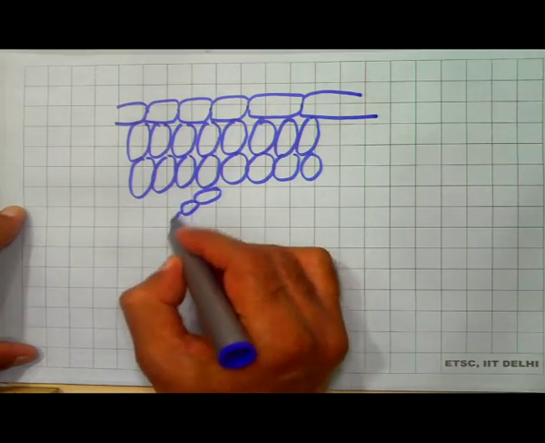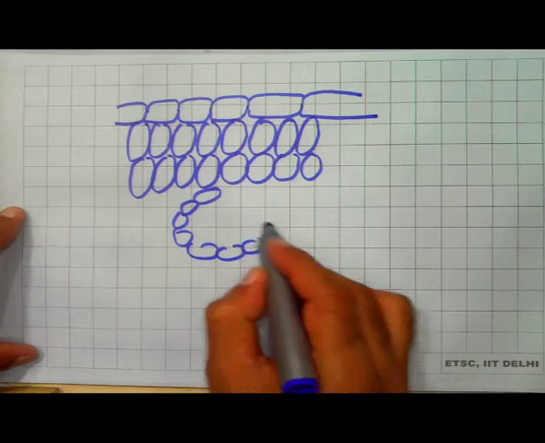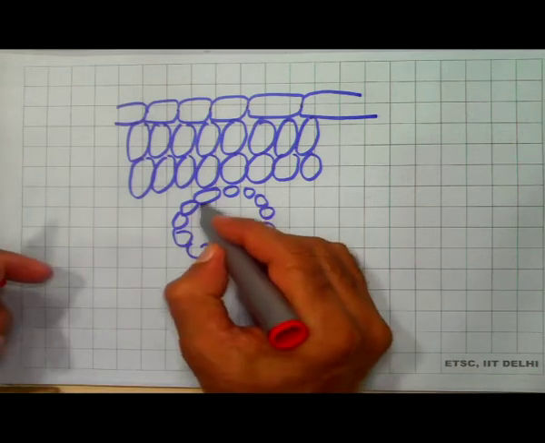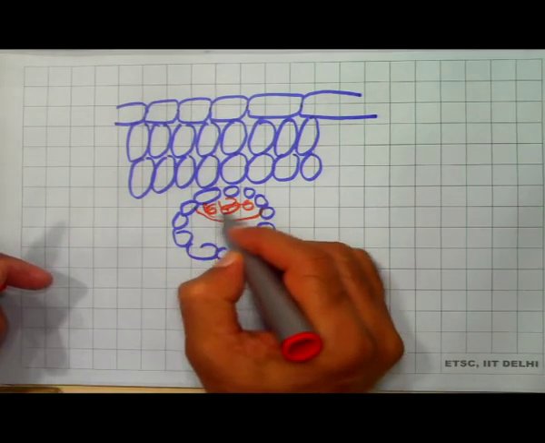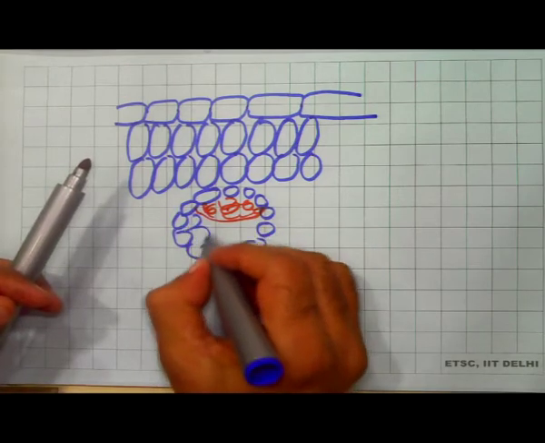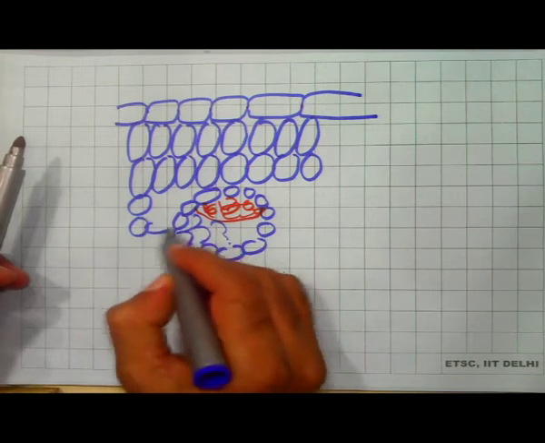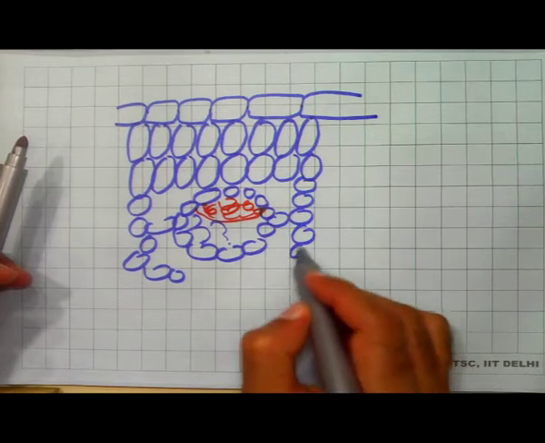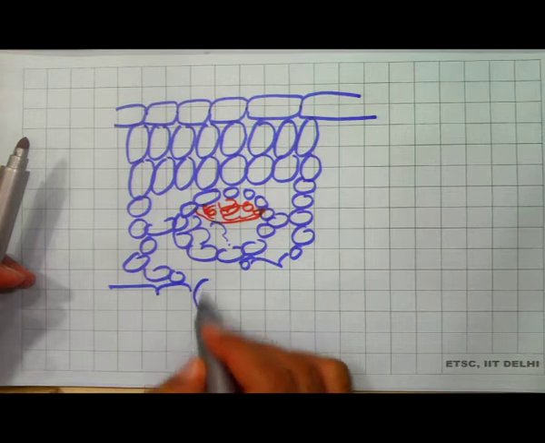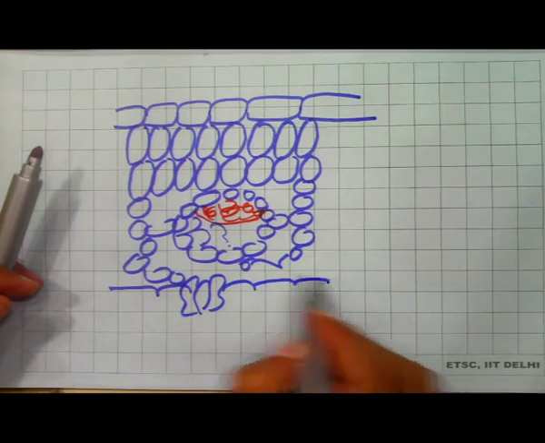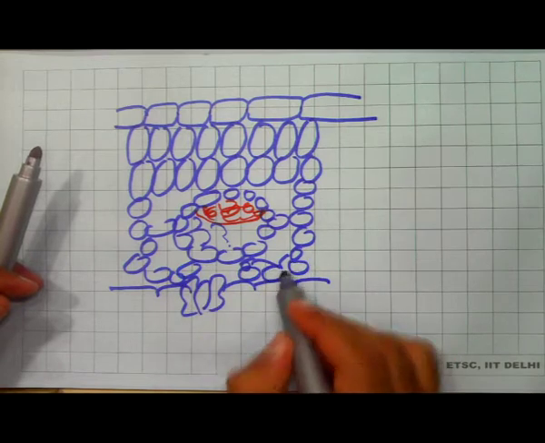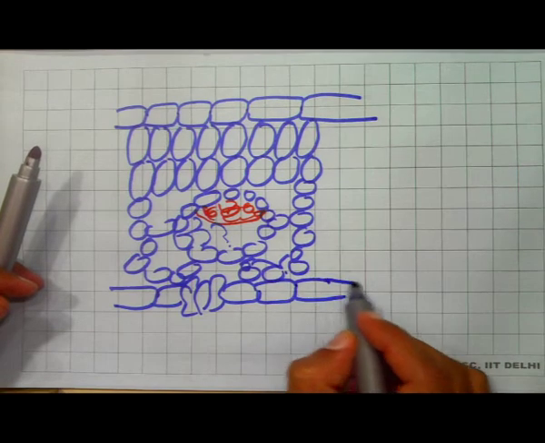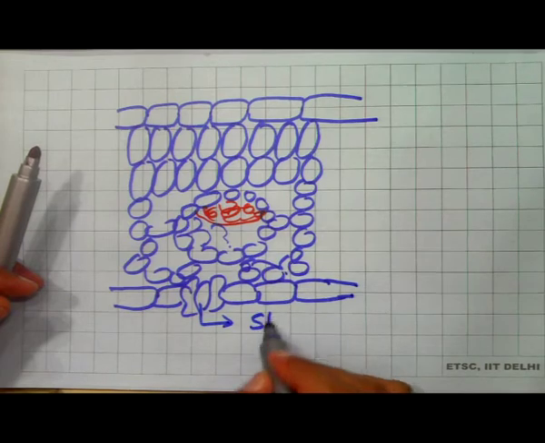Then vascular bundles are there, where xylem and phloem are present, and there is loosely connected tissue called spongy parenchyma, and finally the lower epidermis, where most of the stomata are there.